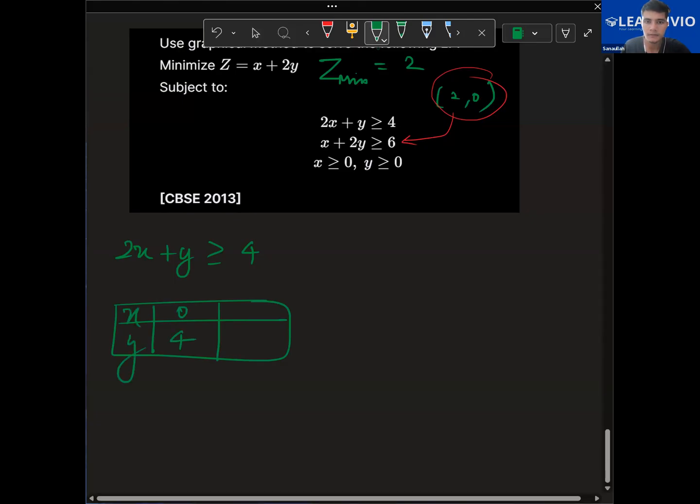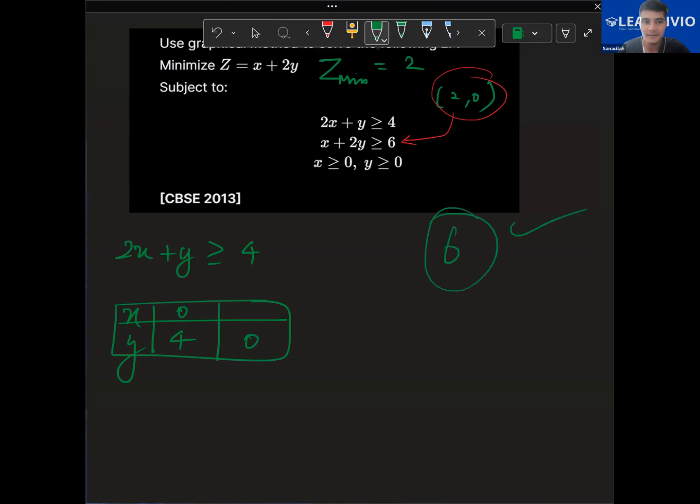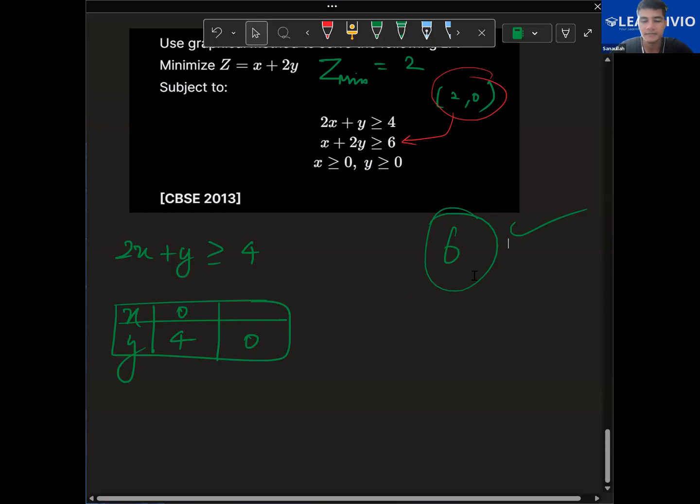Minimum value is 6. Right. 6 is the right answer. Minimum value will be 6 at point 2 by 3, 8 by 3. Yeah, this is the right answer. Angelina, check your solution once again.